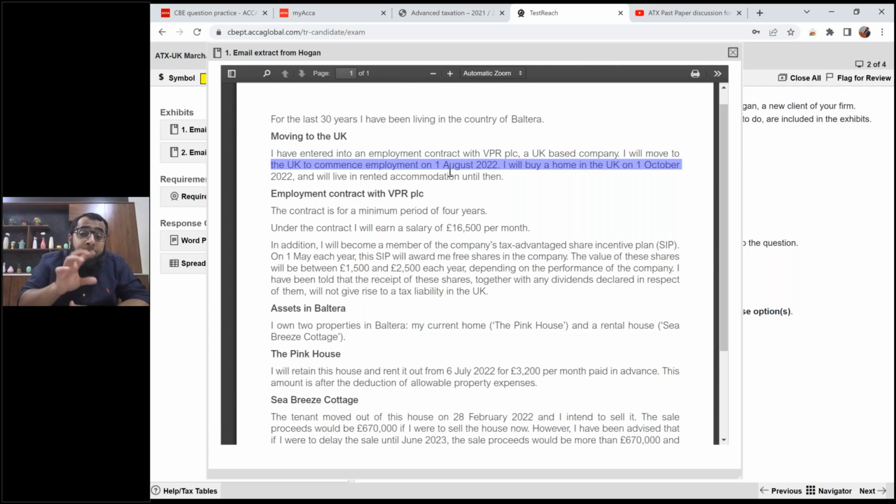The 183-day rule, the 365 days rule, those rules will not apply. Your residency status will change immediately. And this happens when you move in or move out of the UK with a permanent intention or with a permanent employment. Okay, so he will be split year resident from 1st August 2022.